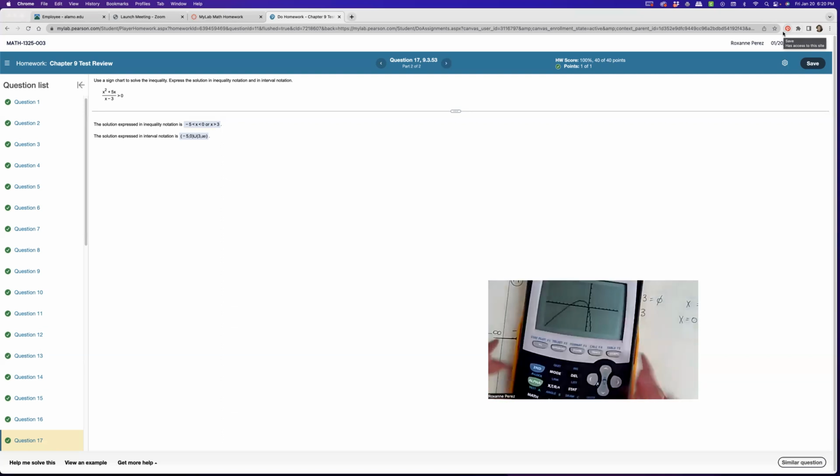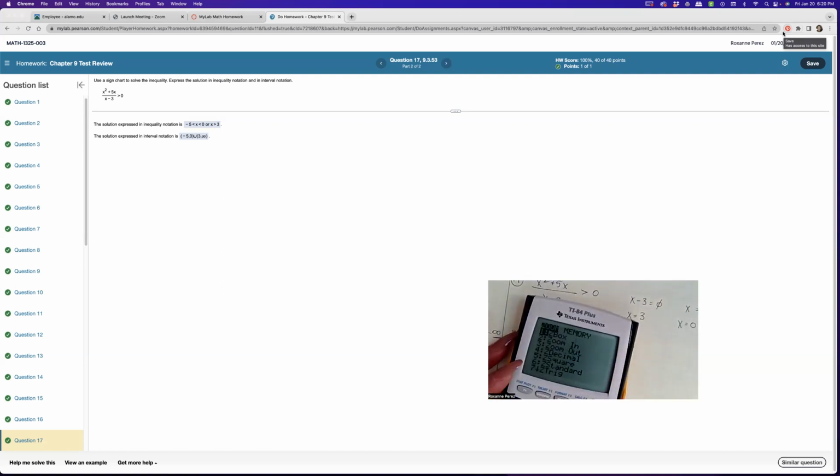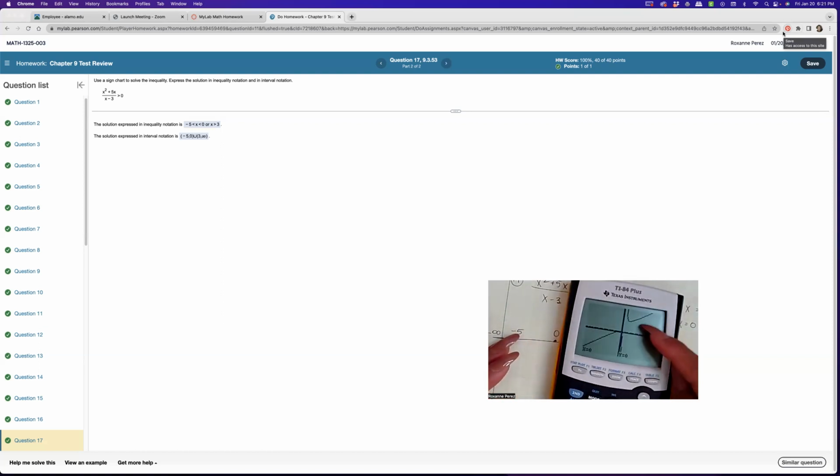I should have another space. So I think we need to adjust our window. Let's make this negative 10, 10, negative 10, and 10, and graph again. Zoom out because I'm still not seeing a portion. There we go. There's the other part we needed to see.